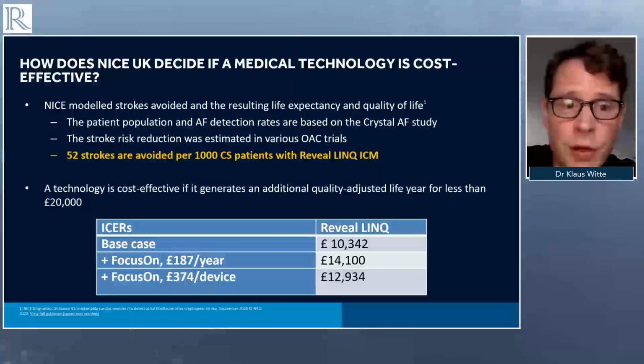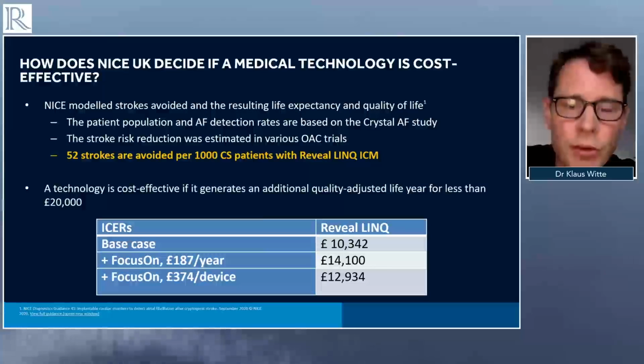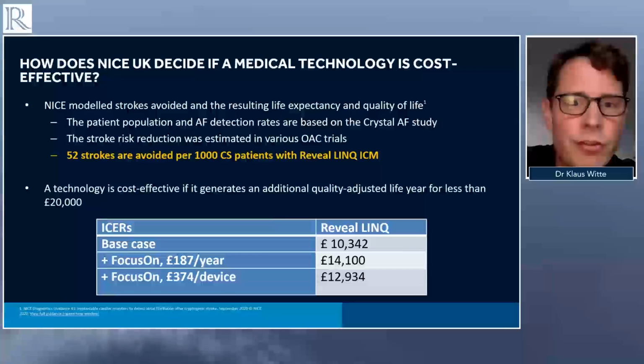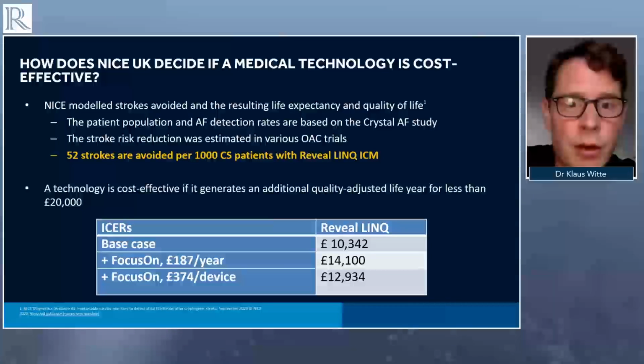If you add in the FOCUSON plus the device monitoring, this is increased slightly, but it's well below the standard for patient care and being cost effective in the UK. And in fact, it's pretty steeply below that of other first and second world healthcare services.